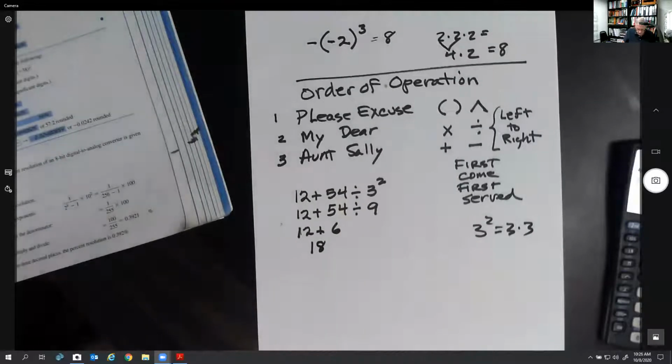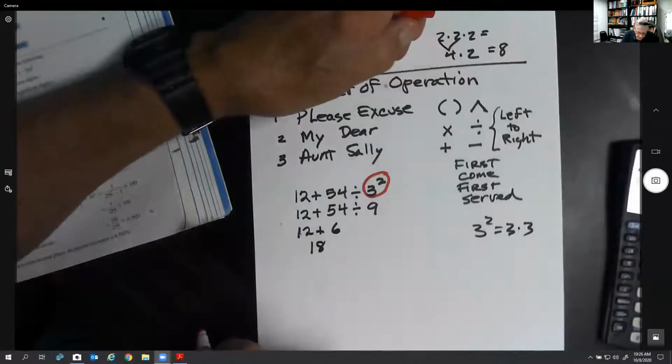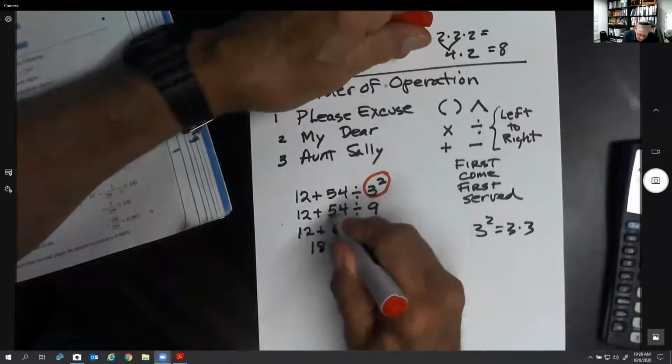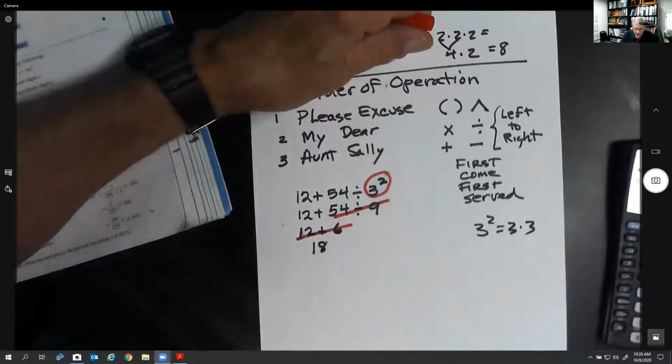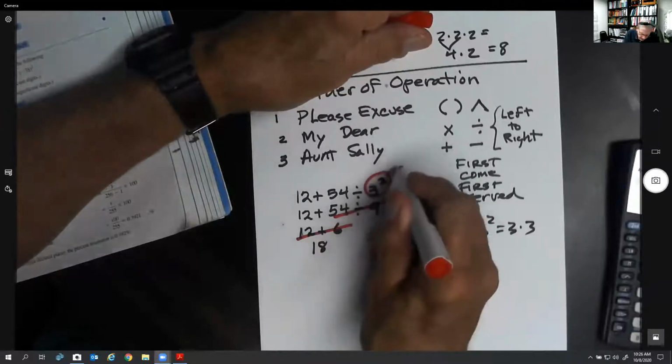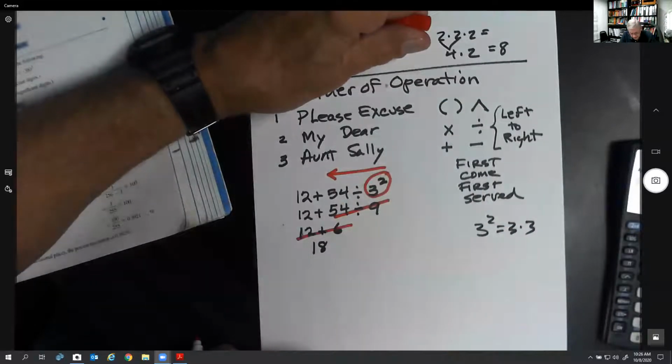So let me grab a little pen here. First thing we did was the powers. Then we did the division. Then finally, we did the addition. Notice we're kind of going from the back to the front, kind of doing it backwards.